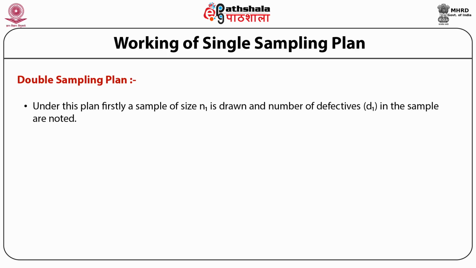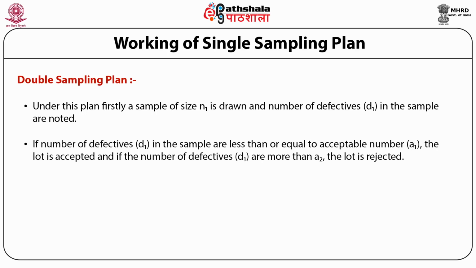Under this plan, firstly a sample of size n1 is drawn and the number of defectives d1 in the sample is noted. If the number of defectives d1 in the sample is less than or equal to the acceptance number A1, the lot is accepted, and if the number of defectives d1 is more than A2, the lot is rejected.